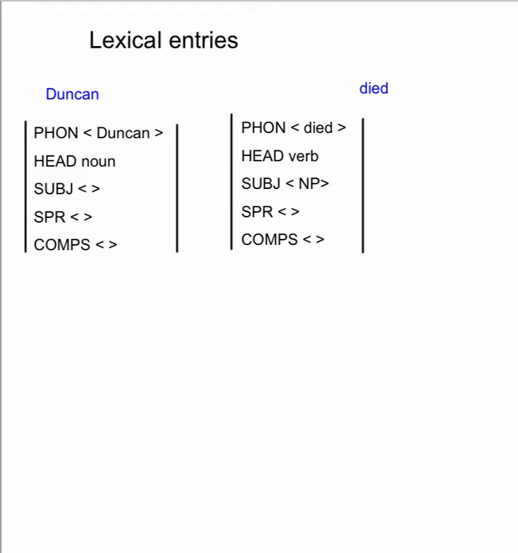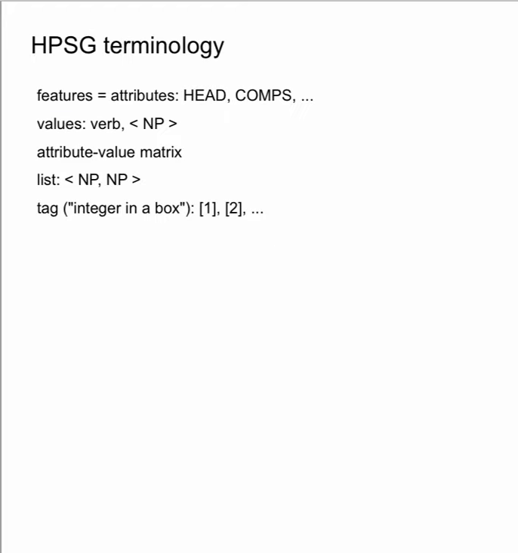The values can be simple values or atomic values, or they can be complex values like lists. You see here an empty list or a list containing something else like a noun phrase or a particular phonological string like died. As I said earlier, these combinations of attributes and their values are called attribute value matrices. Also remember that we use these angle brackets to indicate lists.